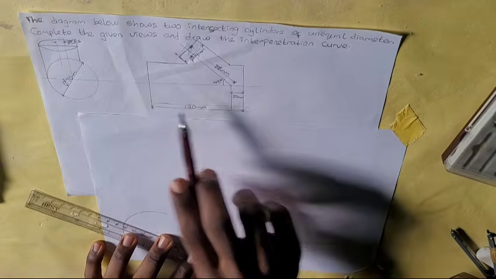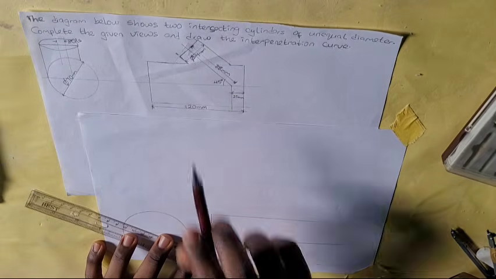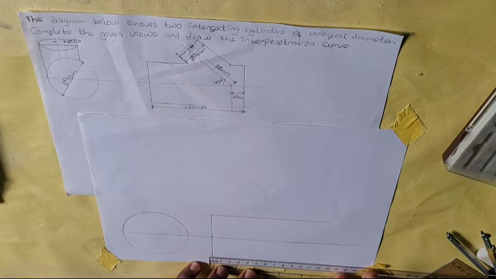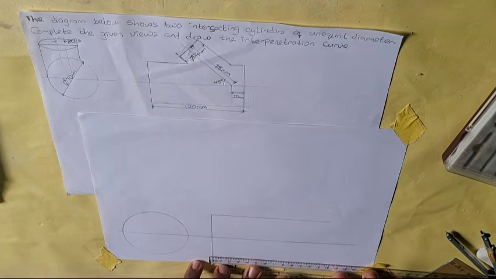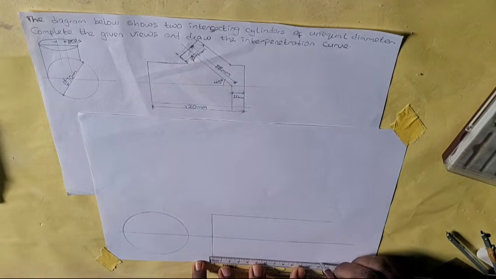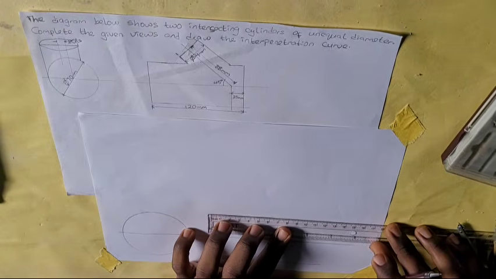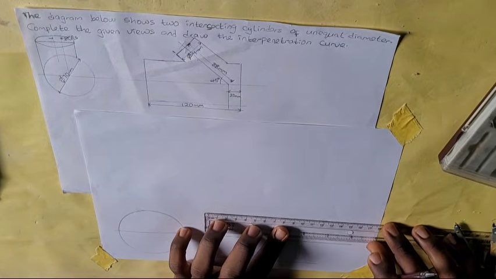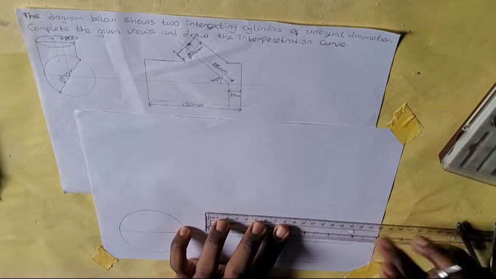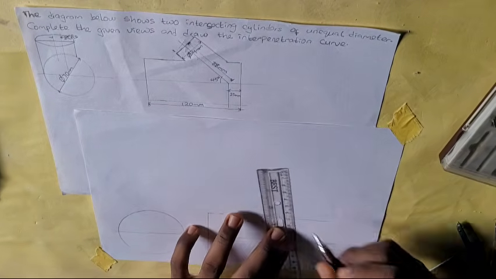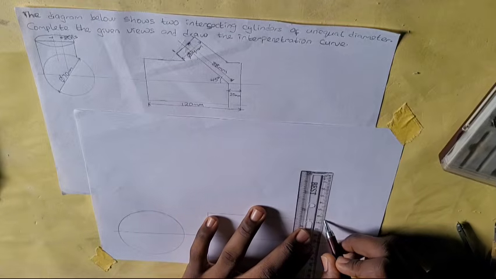The length of this line is 120 millimeters. Now I've joined the two points together.